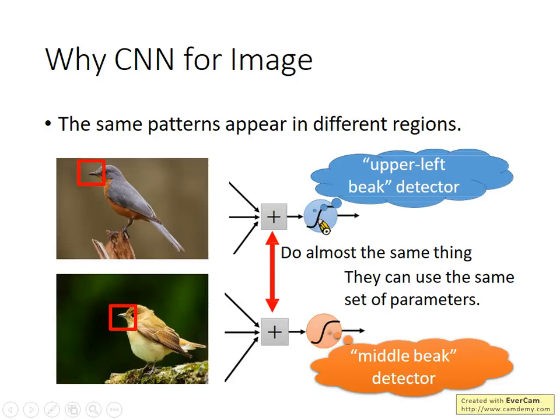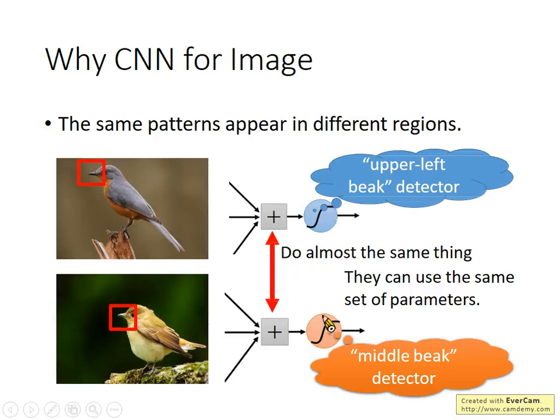Actually, the function of these two nodes should be very similar, and we may just use one node to detect the beak, no matter whether it appears at the upper left or at the center of the image.